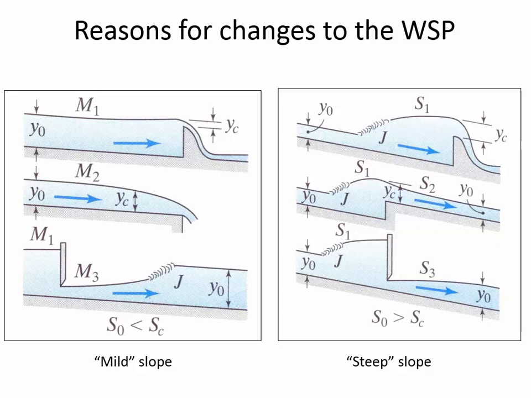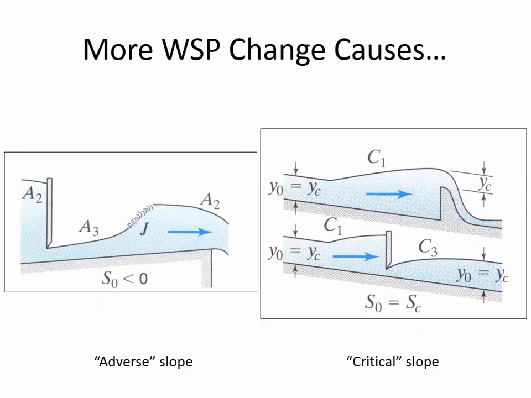Is it an M1, an M2, or an M3? You can know that by comparing the depth they give you to the YC and the Y0. These are some of the hypothetical causes of an M1, an M2, and an M3, and it shows the water depth increasing or decreasing, depending on the case.